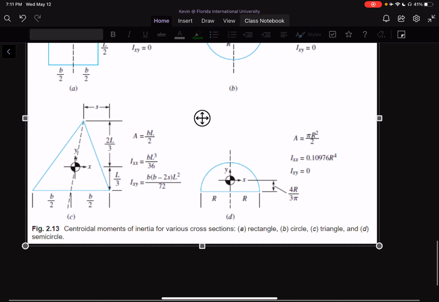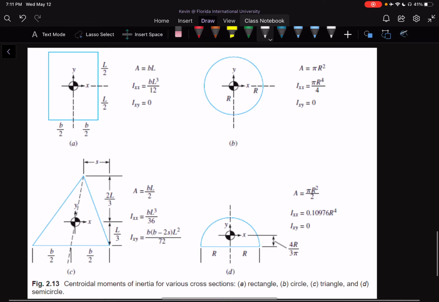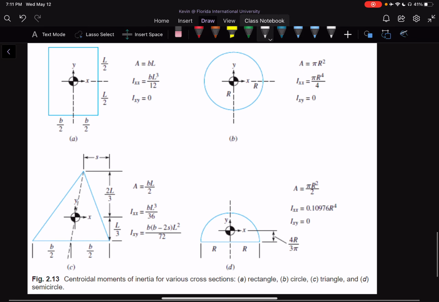You can see in this figure we have different shapes, and with the different shapes, you're able to find Ixx and Ixy. Okay, so you can see that in the symmetrical shapes, Ixy is usually equal to 0. If the shape is not symmetrical, then Ixy has a different value. And you can just use the values given to figure out how to calculate the values.